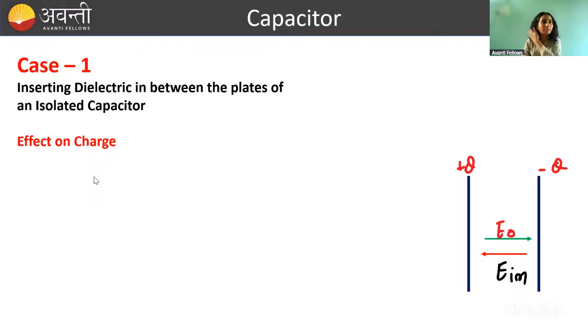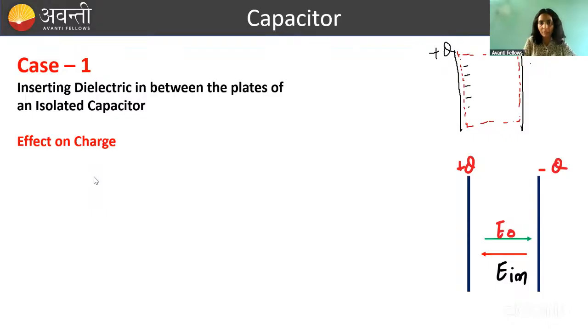Many of you will just rush towards thinking that the charge on the capacitor will decrease, but that is not going to happen. Just see here, this is the capacitor plate. This is your plus Q, this is your minus Q, and then there is this dielectric which is just filling this space, almost touching. And what is happening in this dielectric? In this dielectric, charge is getting accumulated.